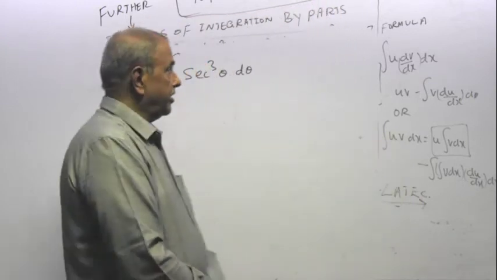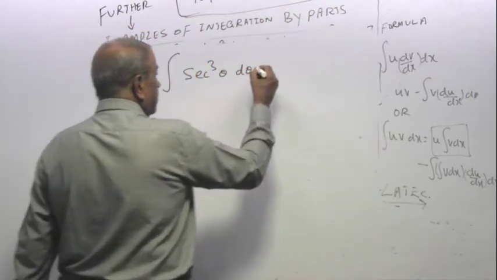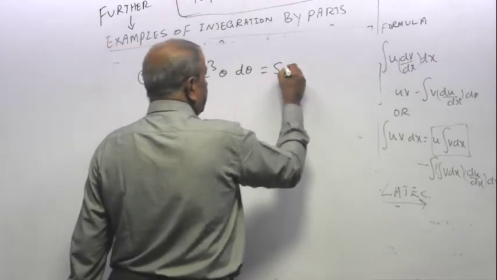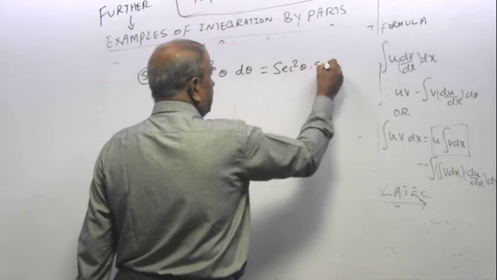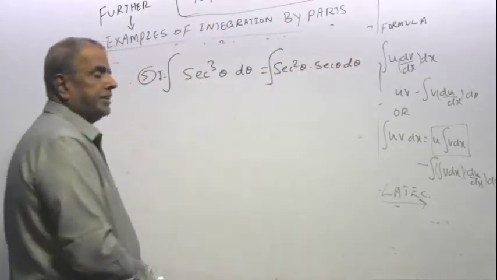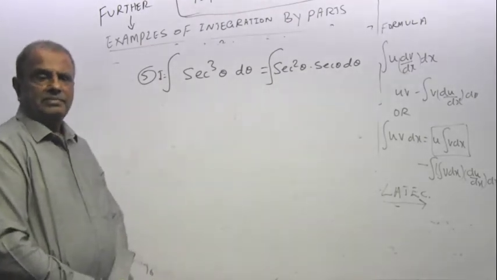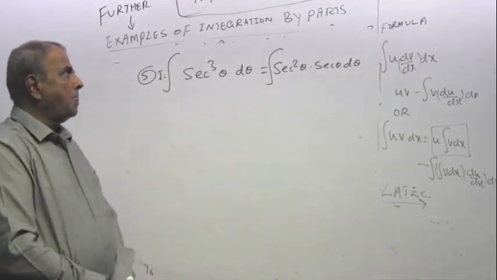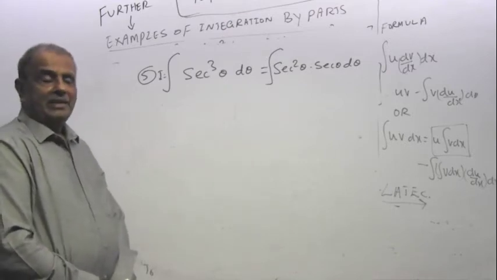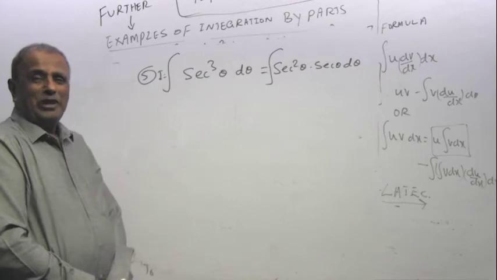So what we do is split it, let's call this I: sec squared theta times sec theta d theta. Now, I can integrate sec squared theta, but if I integrate sec theta, I'm going to get an ln.